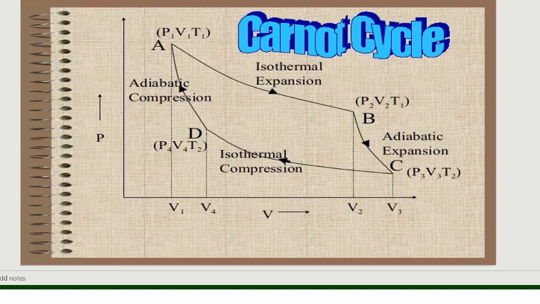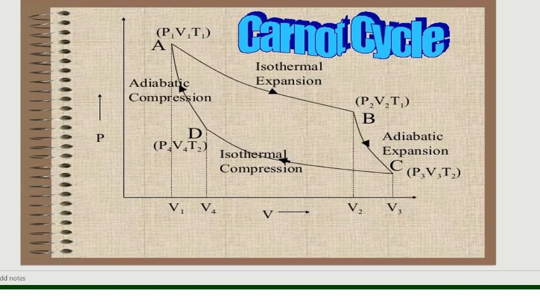Next, the cylinder is removed from the source and kept on the insulating stand where it undergoes adiabatic expansion. There also the pressure falls from P2 to P3, volume increases from V2 to V3, and temperature falls from T1 to T2, and the BC curve indicates adiabatic expansion.